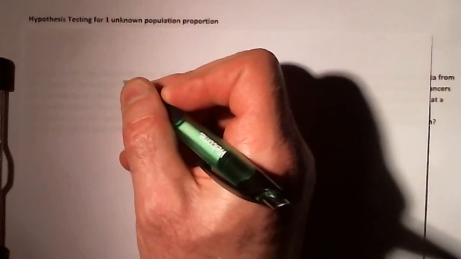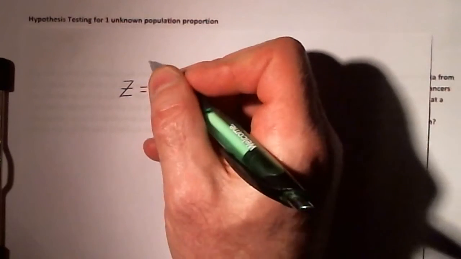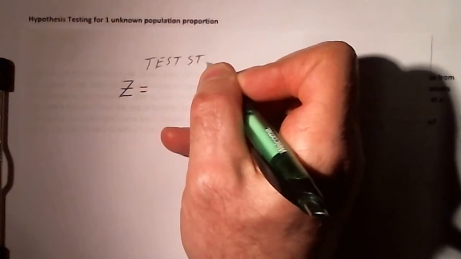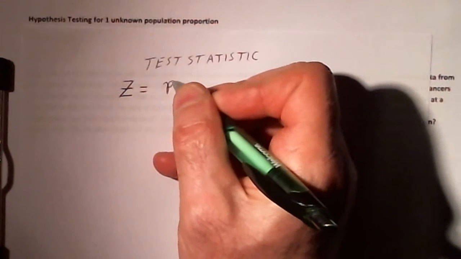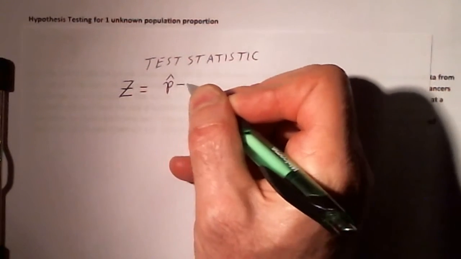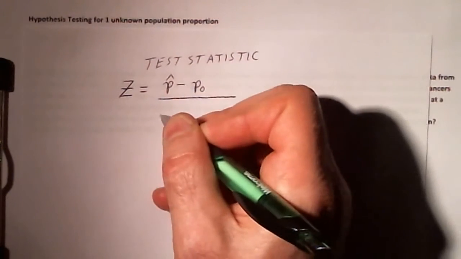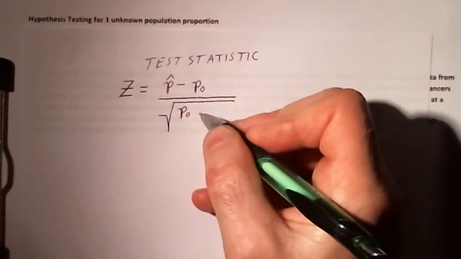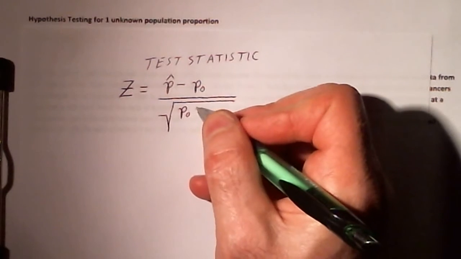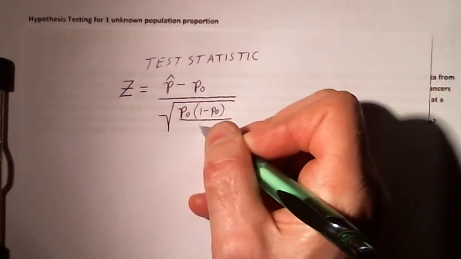our test statistic value is going to be distributed according to the standard normal probability distribution, so it's a z-variate, and the formula to compute the test statistic is going to be the sample proportion, p hat, subtract the purported population proportion under the null statement, divided by the square root of p naught, again, the purported proportion under the null statement, times 1 minus p naught, divided by the sample size n.